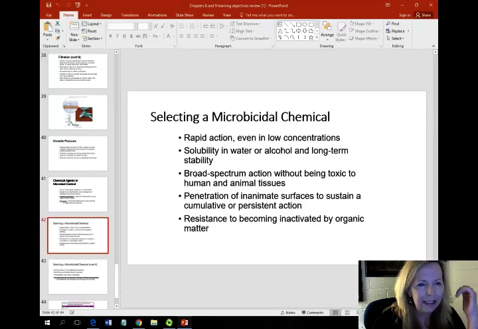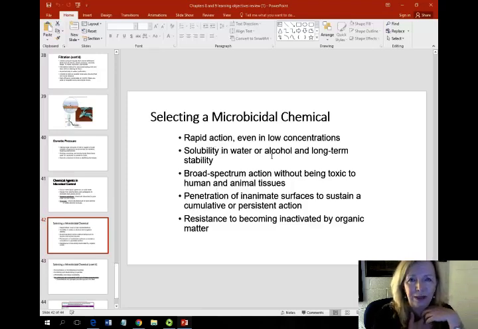These are some of the things that you want to think about when you're selecting a chemical. You don't want something that's going to take forever, so it should have a rapid action at pretty low concentrations, because low concentrations means it might not be too harmful to you or other things you don't want it harming if it comes in contact with them. Solubility in water and alcohol, because that's going to help it stay stable. It should not be targeting just one particular virus or one particular thing, but have a pretty broad spectrum.